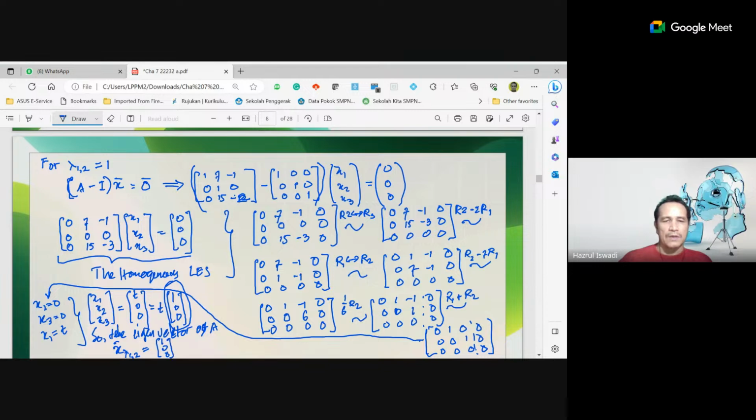This is our eigenvector based on this lambda. This is how to find eigenvectors based on this lambda.